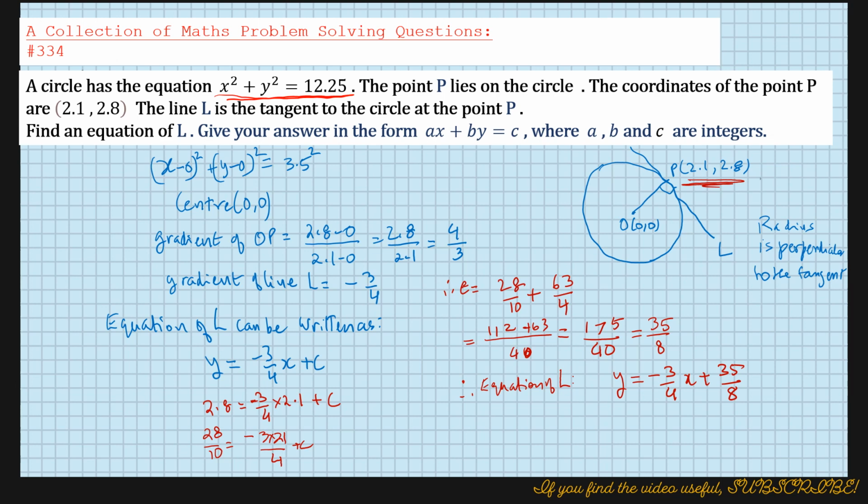So we can multiply all throughout by 8, and then what we will get is 8y equals −3 times 2, so −6x, plus 35.